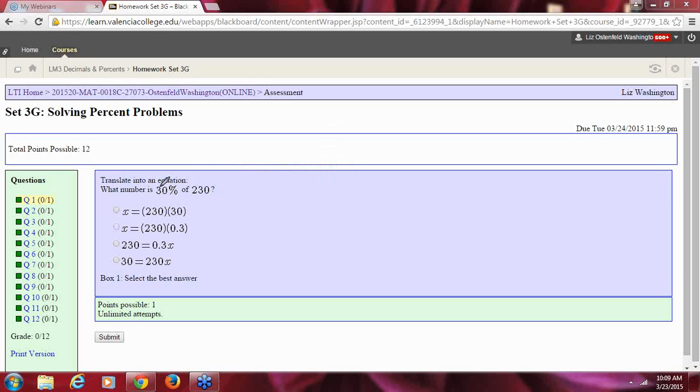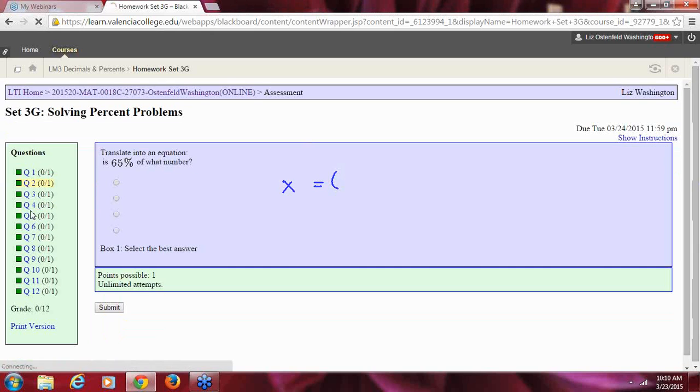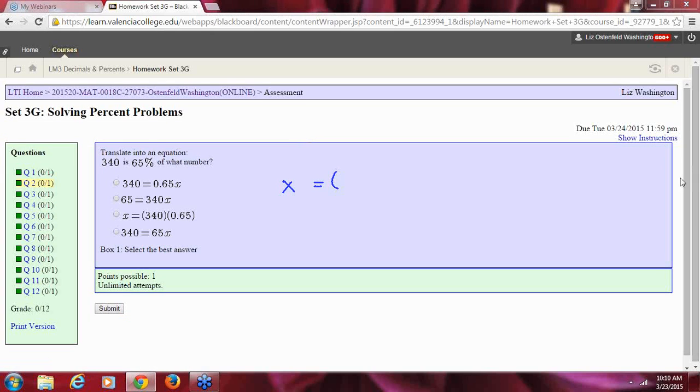Same thing here. What number is 30% of 230? Oh, that's the same one. I should probably go to the next one. There we go. This one is 340 is 65%, which I'm going to write as a decimal, of what number.